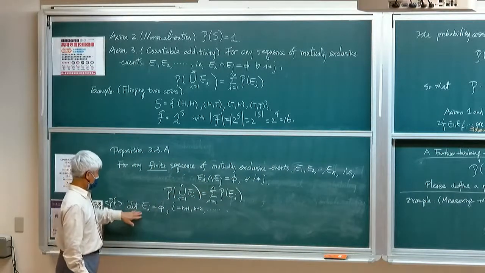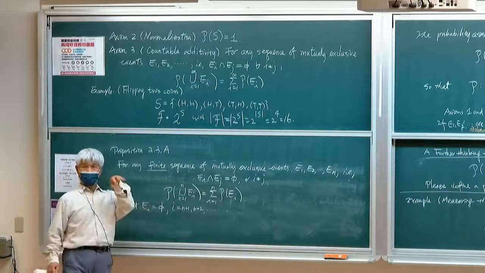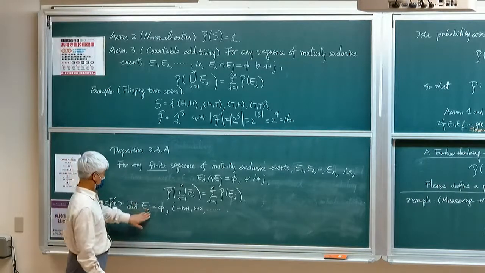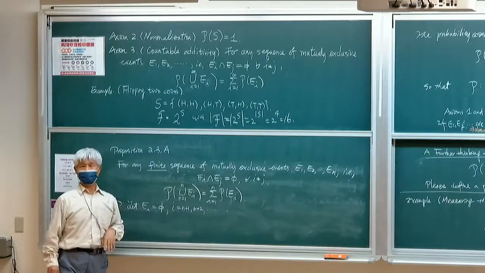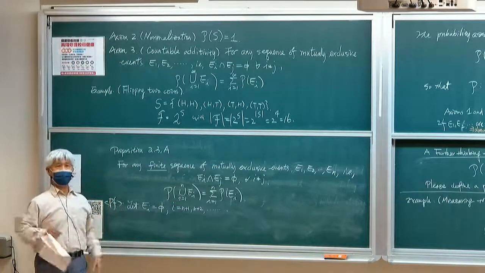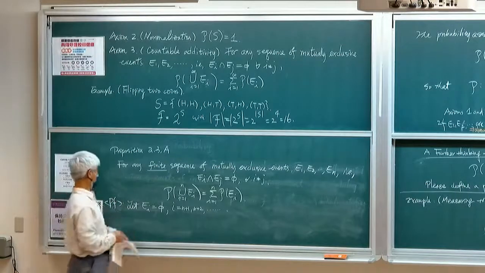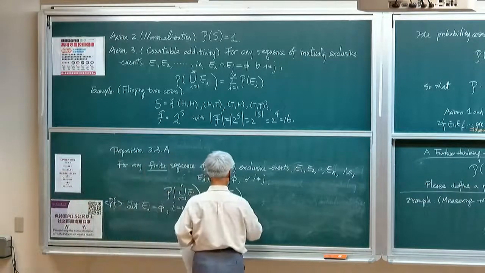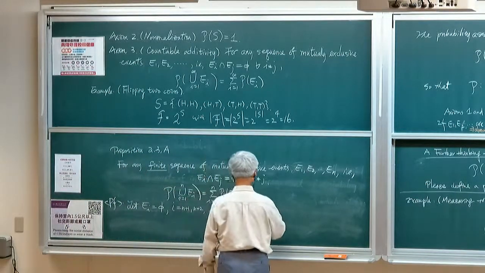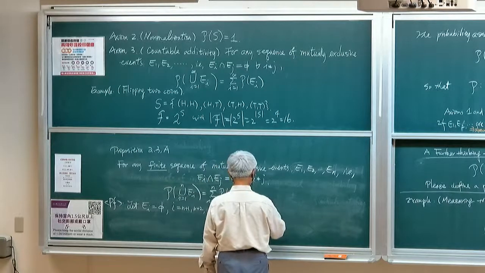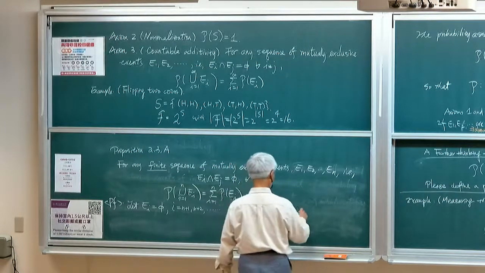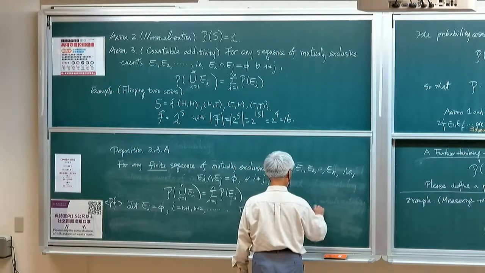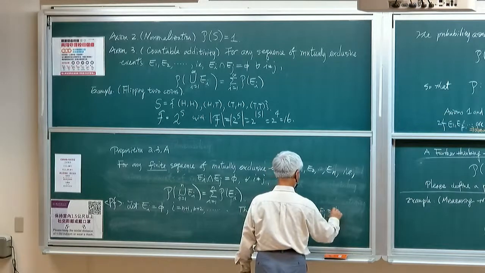But when I insert infinitely many empty sets to form a countable sequence, then for all i not equal to j, Ei intersect Ej is also the empty set.